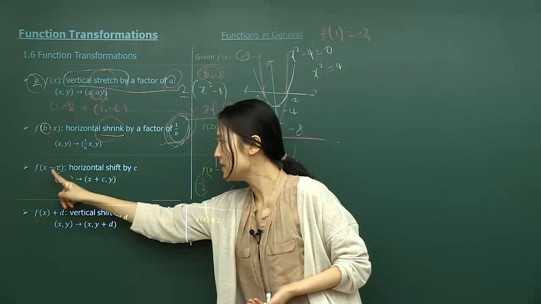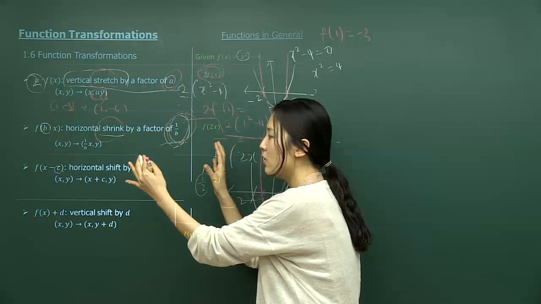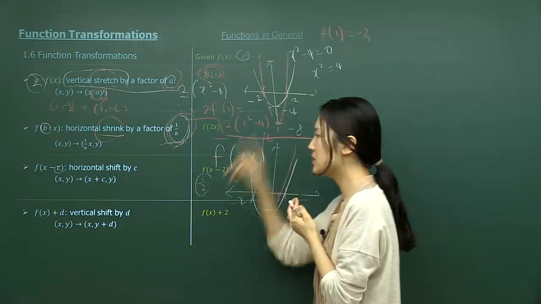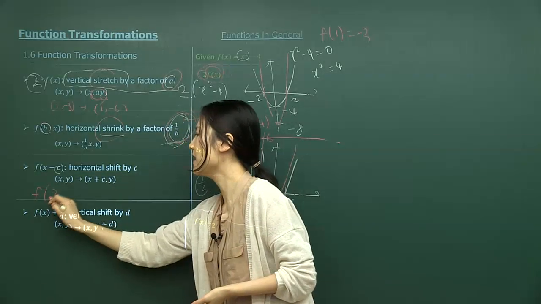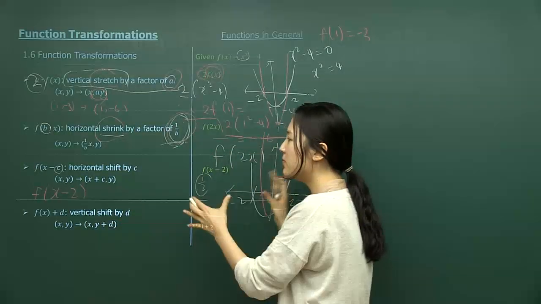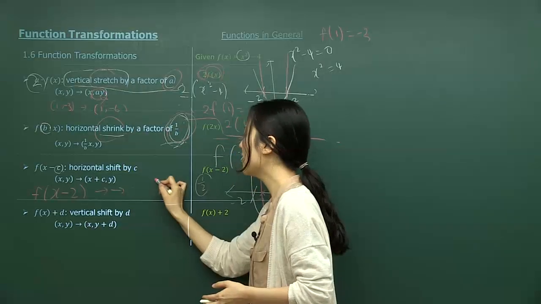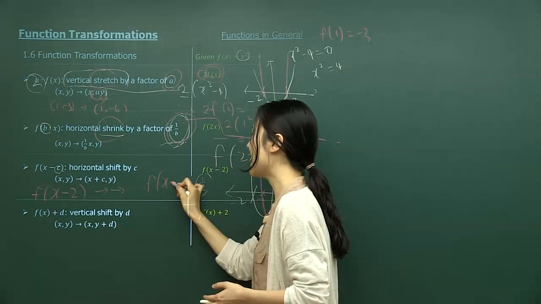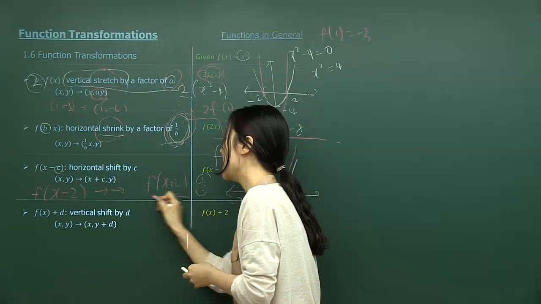When x is subtracted by a number, the graph goes to the right by it. Well, consider c as a positive number. So basically, if your x is subtracted by 2, your graph will be moving to the right by 2 units. If your x is added by 2, then it's technically going the other way.